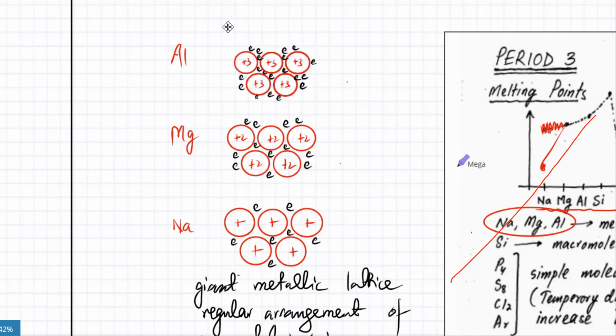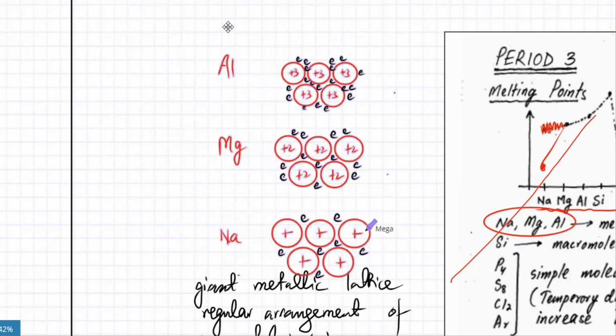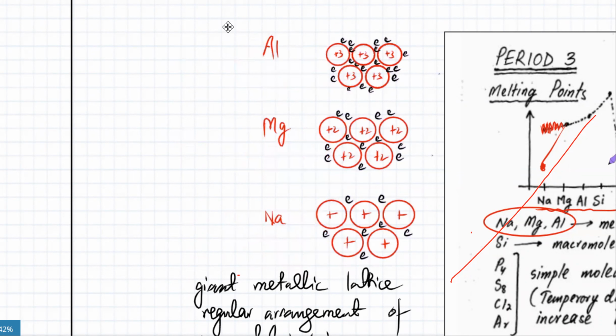So the trend, why are the melting points increasing? What happens when you go across the period from Na to Mg to Al? Is the metallic bond becoming stronger or weaker? What's your understanding? Stronger. Stronger because you have more protons.